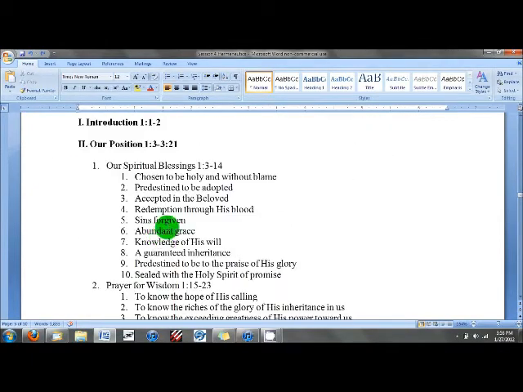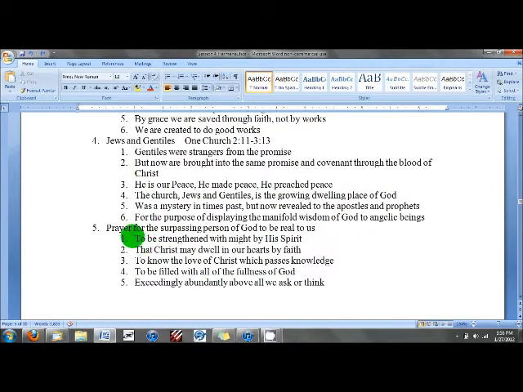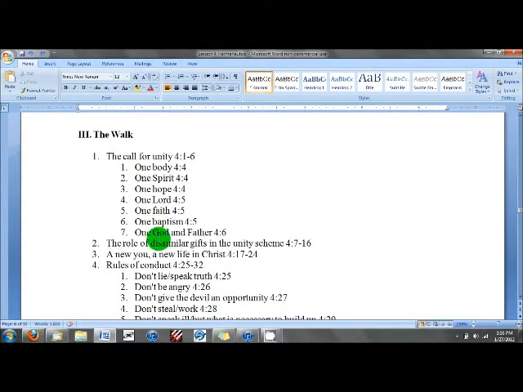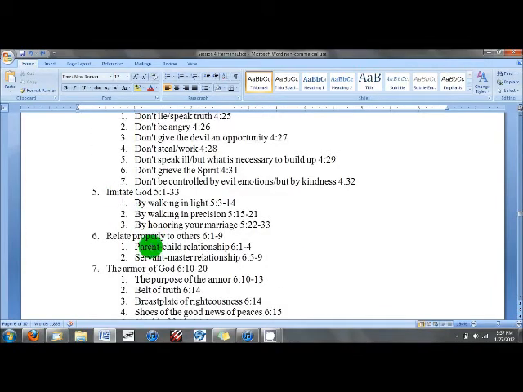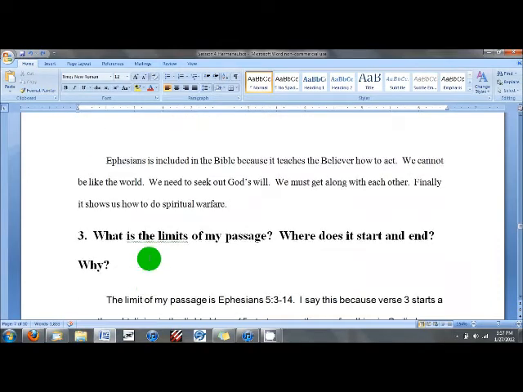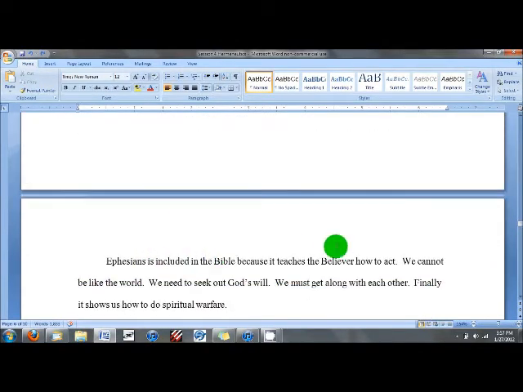spiritual blessings, prayer for wisdom, prayer for the power of God to be real to us. Then, here's a main theme: the walk, call for unity, imitate God, just different themes you see pointed out here. So I went down and I put my reason that it's included is because it teaches the believer how to act.